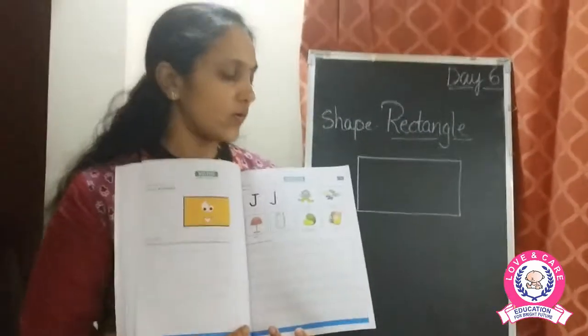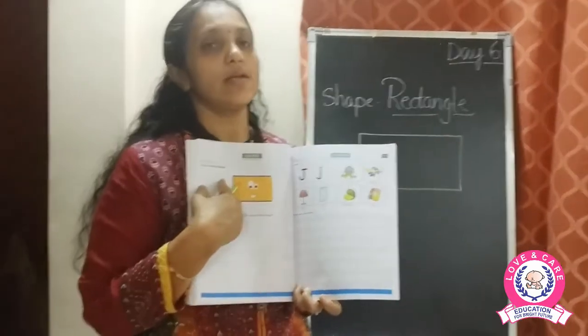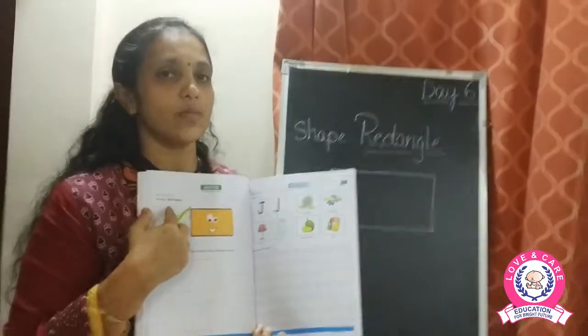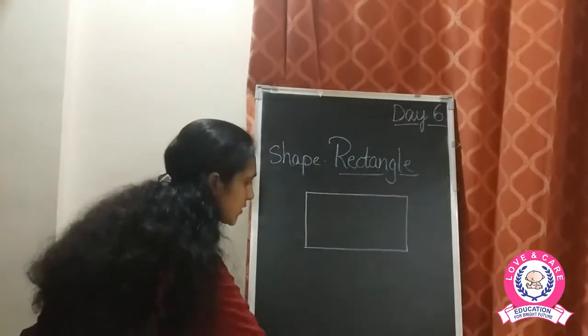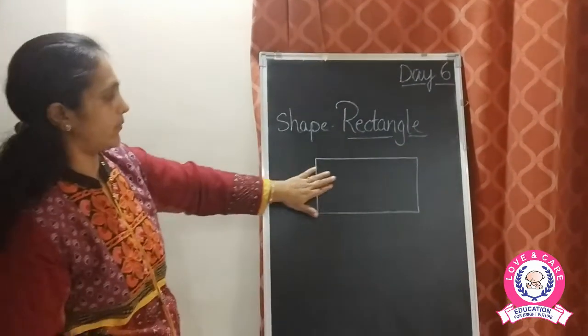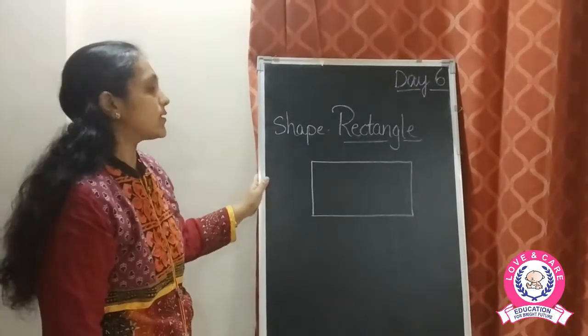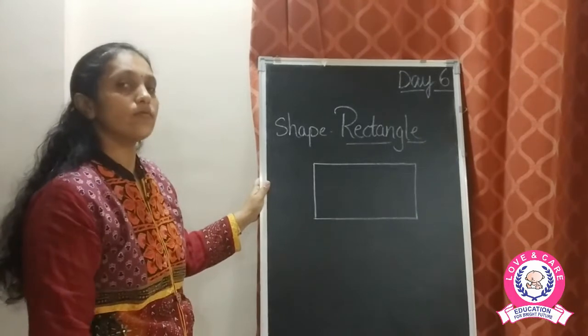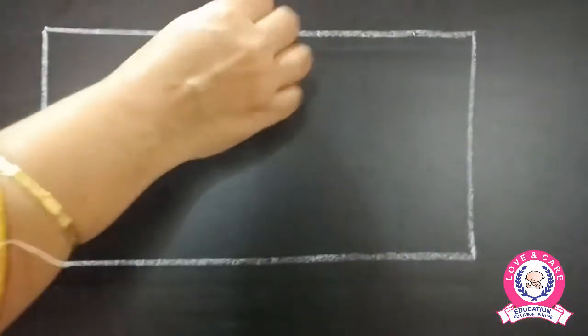Okay children, now moving on to the next page, we are going to learn the new shape. That is, in maths we are going to learn the new shape, that is rectangle. So first we will just recognize what is the rectangle shape. Now rectangle looks like this. This is the shape rectangle. Just like we have 4 sides in a square, in the same way in a rectangle also we have 4 lines.